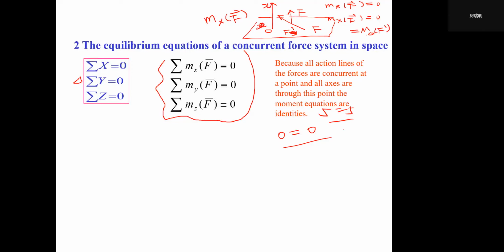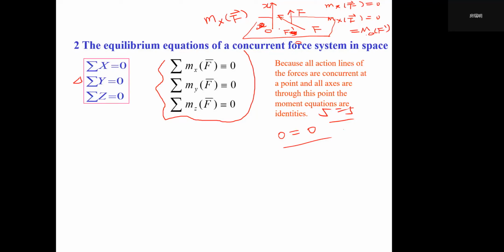So in the first category, F is parallel to X, so you can think about that: its projection force F prime will be 0. So its moment to point O will be 0. So the moment of F to this axis will be 0. In the second category, the action line of F has a cross point with this axis.